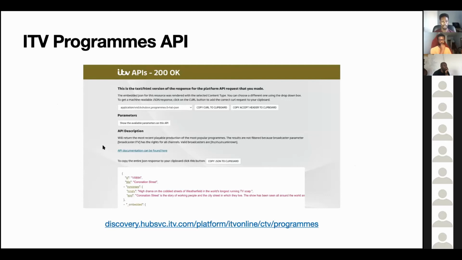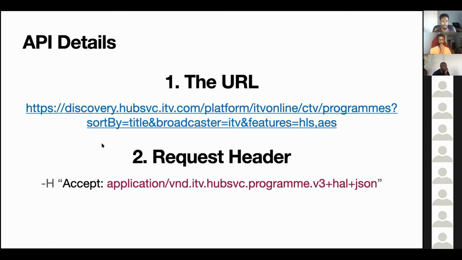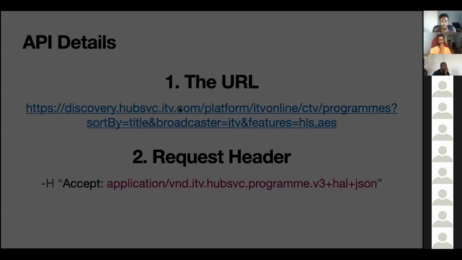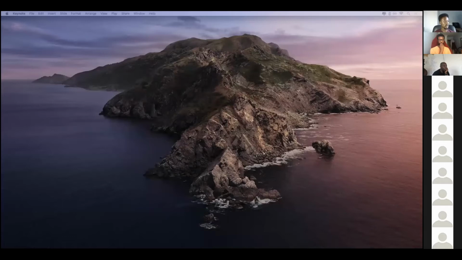So that's the JSON response. We need to make a request to that API, and the instructions are as follows. We need to make a call to this URL, but also while making that call, in fact, let me open this in the browser and show what we get.